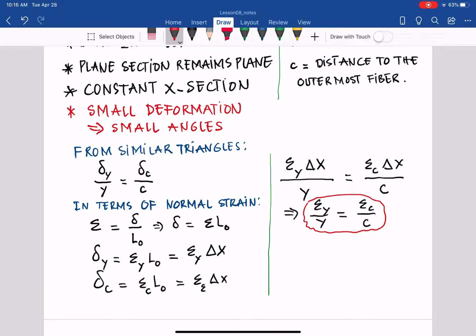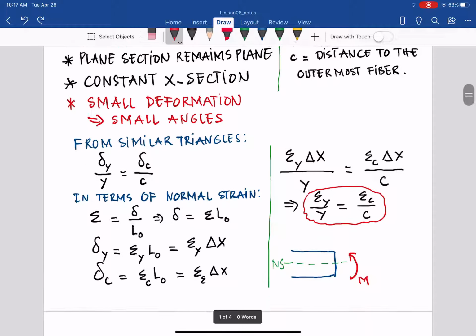So from that equation, we can draw the strain distribution in that body. If we have a moment applied and we have a neutral surface, NS, then the normal strain will be linear. So what does that mean? Undo that, not the correct drawing.